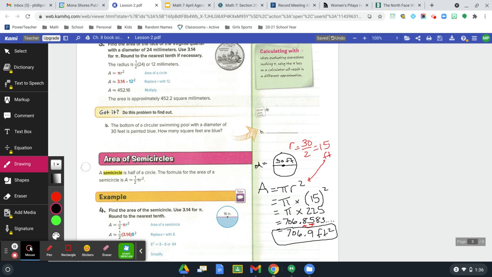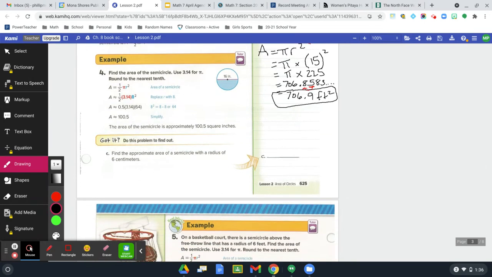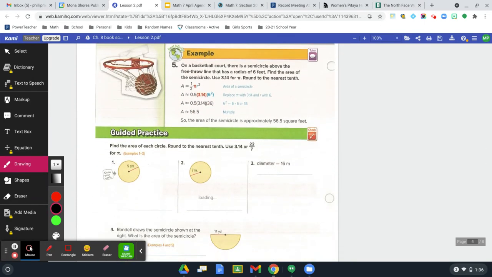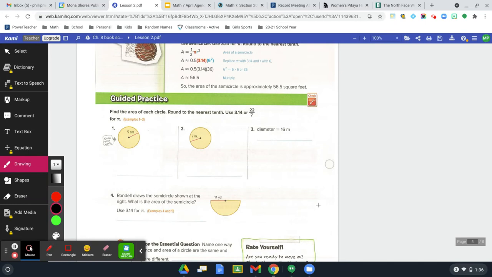Okay, so now we've tried an example where you've been given the radius in the circle and plugged it into the area formula. We also just now did an example where you're given the diameter and you have to find the radius to use the formula. Okay, so one of each. Now I'm going to have you try a couple. So you're going to go to the guided practice.